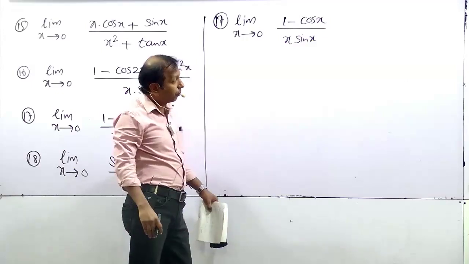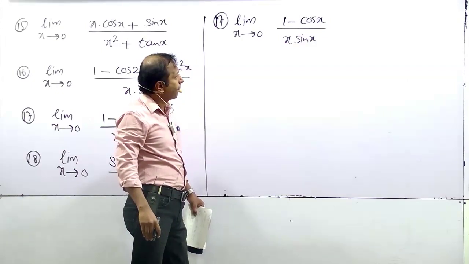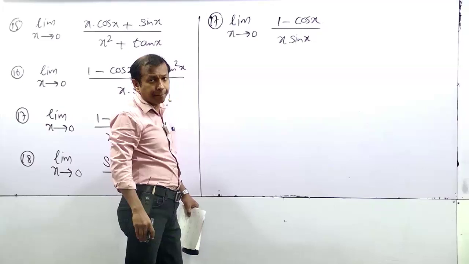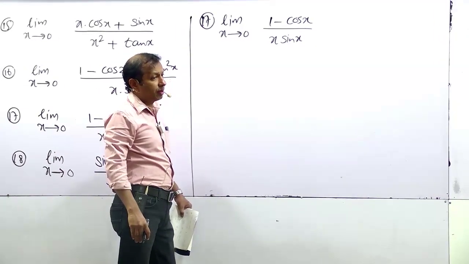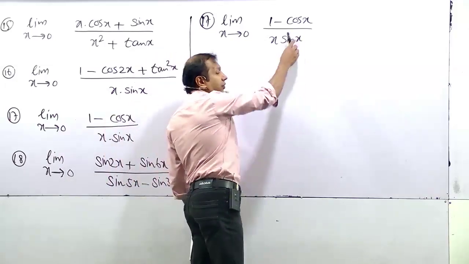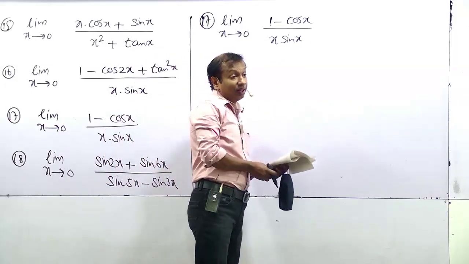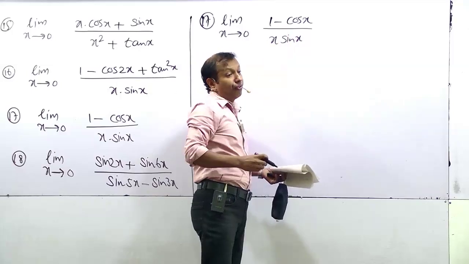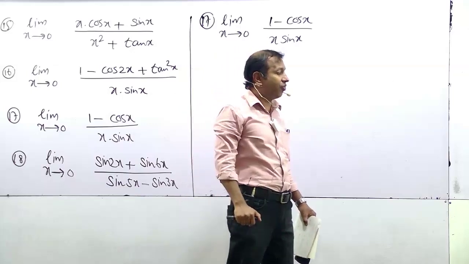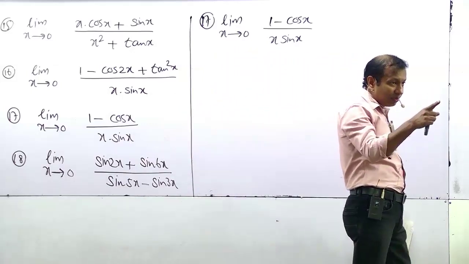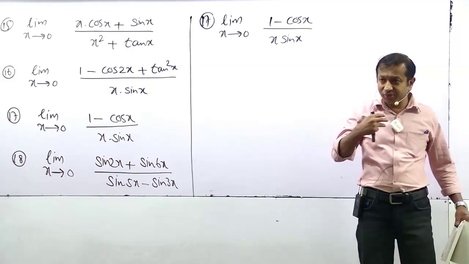Right. Substitute for this cos x in half angle formulae to cancel this 1. What are the three formulae for cos x in half? We learned in trigonometry. I told you trigonometry is so important throughout this course.